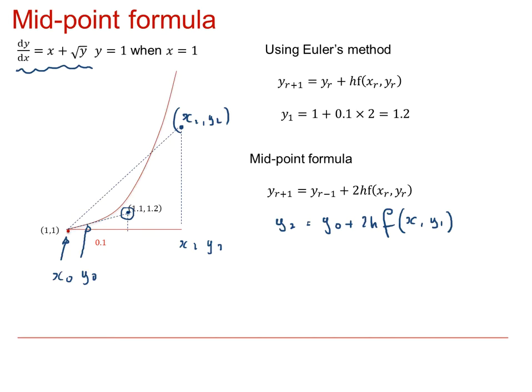If we put in the values that we know, then we know that y0 is equal to 1, and then we've got 2 times h, so that's 2 times 0.1, and then the value of the gradient at 1.1 and 1.2 is 1.1 plus the square root of 1.2. And if you evaluate that, you'll get a value of 1.4391 to 4 decimal places.